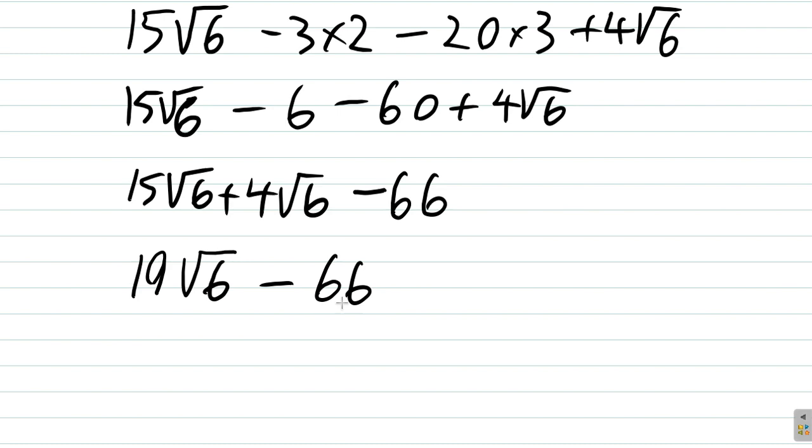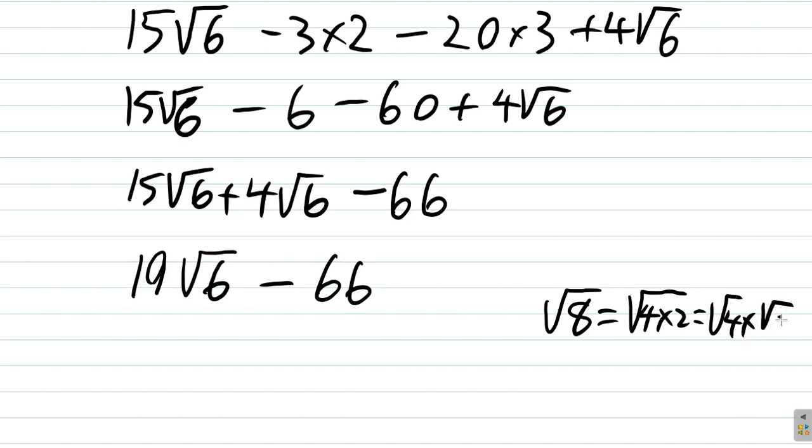Let's see, what else could you do? That's it. You can't really break down square root of 6 any further, because the square root of 6 is square root of 3 by 2. If it was something like square root of 8, then you could, because the square root of 8 is really the square root of 4 by 2, which is the square root of 4 by square root of 2.